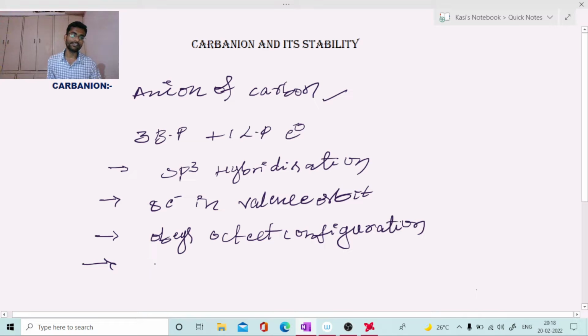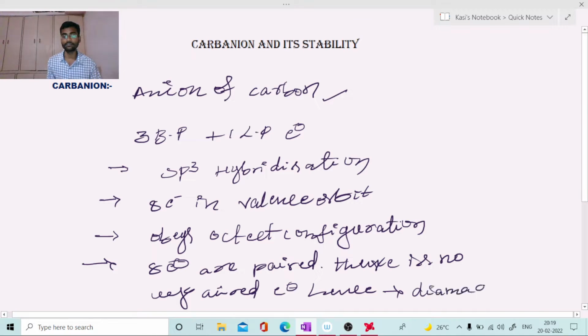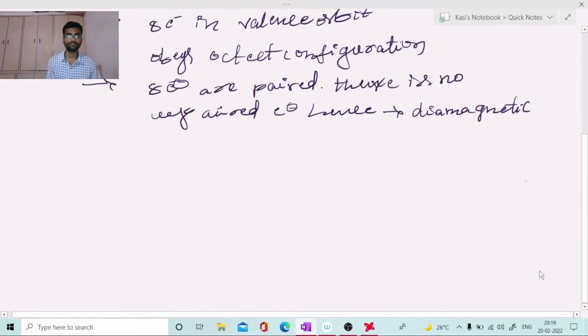These 8 electrons are paired. There is no unpaired electron. Hence, it is diamagnetic in nature.